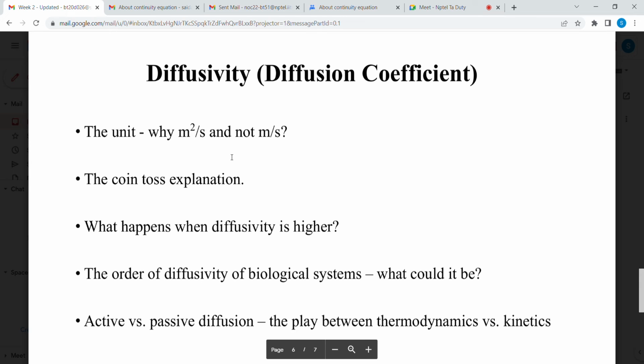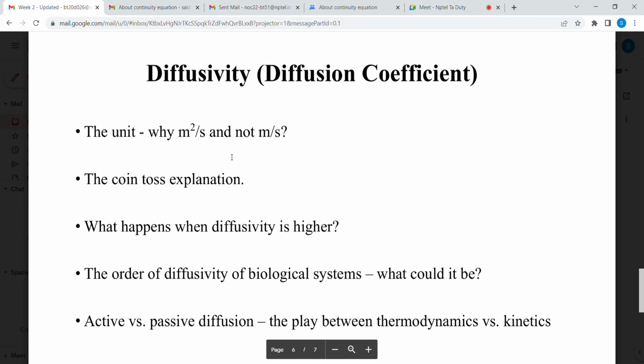Now let's understand what diffusivity is. Whenever we see something is directly proportional to something else, we just say that the next equation is something equal to k into something. So this k would be mass transfer coefficient, resistivity, whatever.